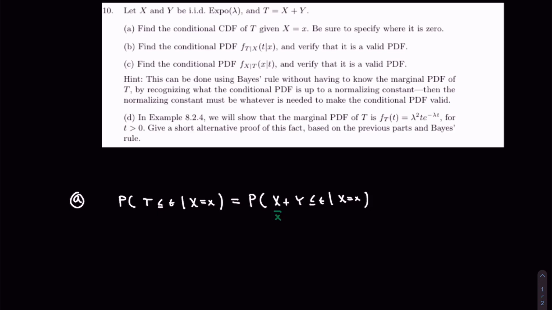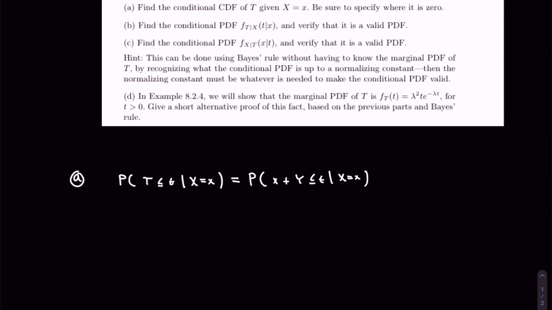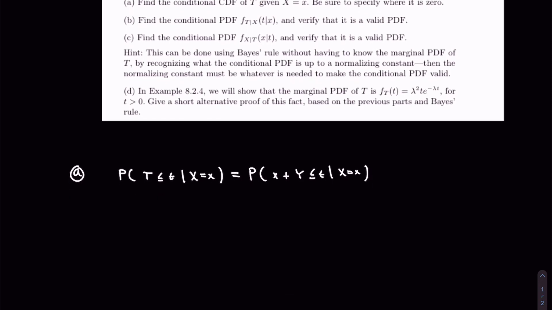So let's just remove this, and so this is now a fixed number. So that is helpful, and now we write this as y less than t minus x conditional on, like so.